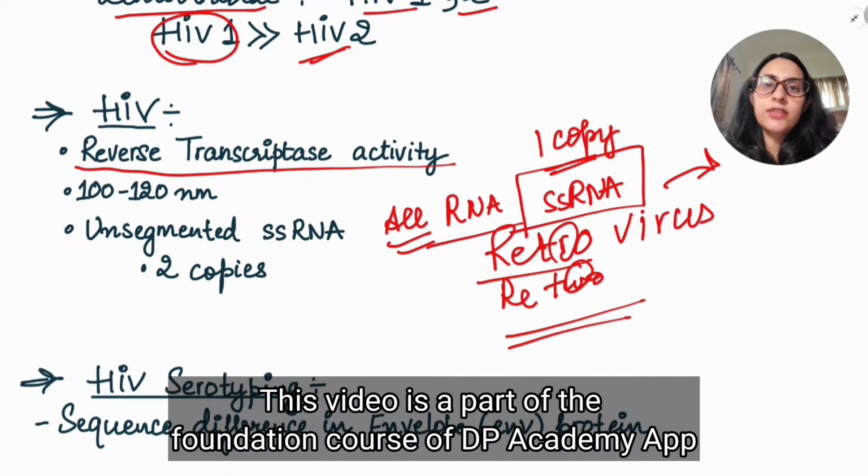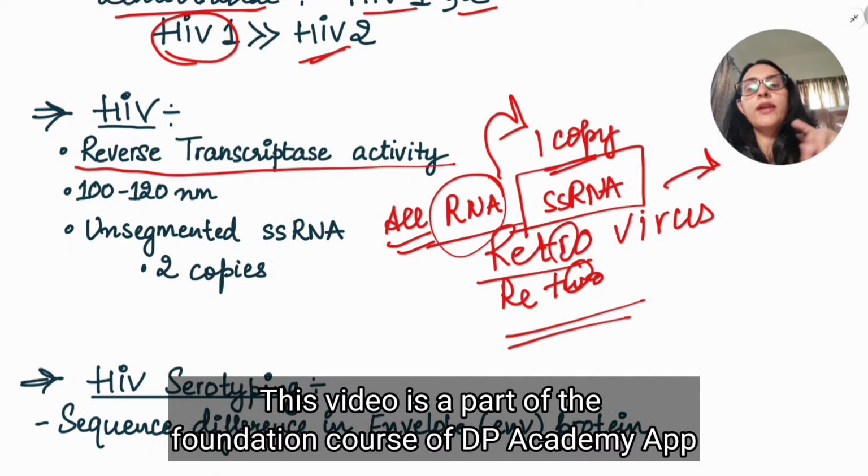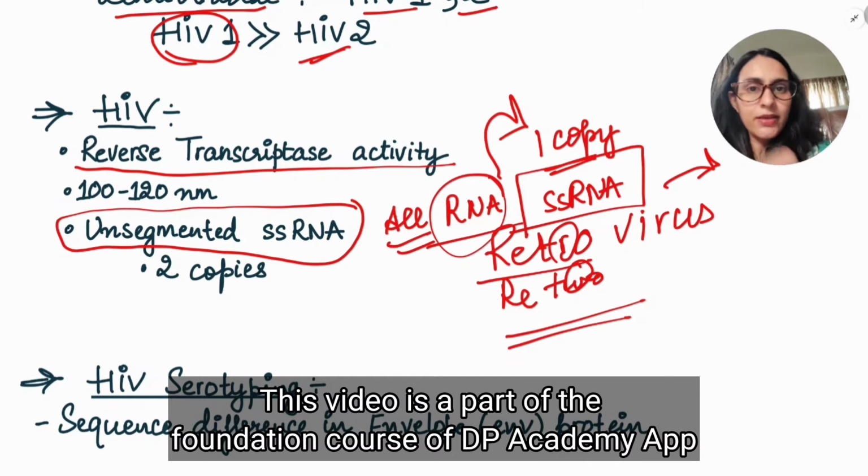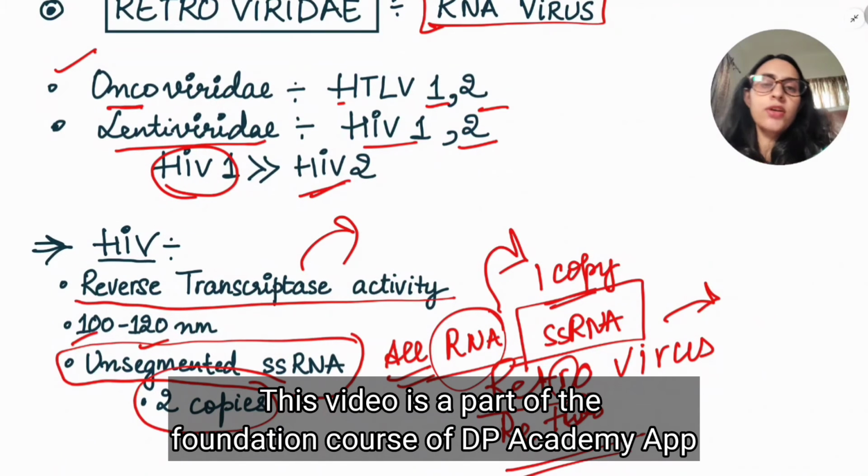Normally what we have studied in the general properties of virus is that all the RNA viruses have got one copy of single-stranded unsegmented RNA. Here in case of HIV, it is unsegmented single-stranded RNA, but the exception is that we have two copies here. The size is 100 to 120 nanometer. And if you can recall reverse transcriptase activity, we have studied it in a DNA virus, that is hepatitis B virus.